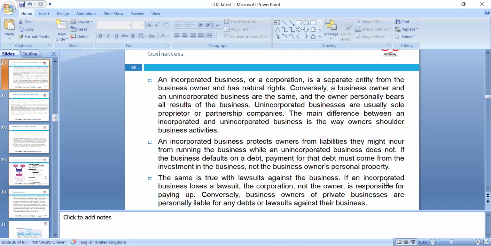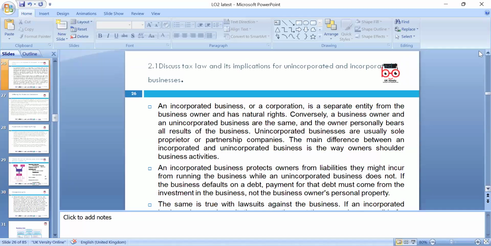Okay, thanks for joining. We'll start our lesson. Today's lesson will go through LO2, which is 2.1: to discuss the tax laws and their implications on incorporated and unincorporated businesses. When we say incorporated, it means a registered company.